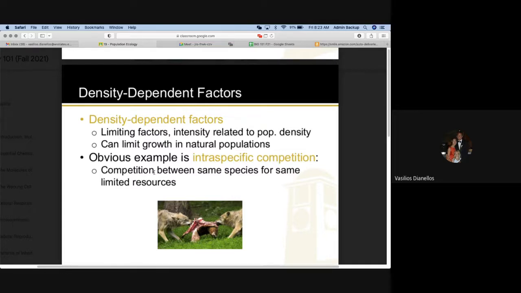Meanwhile, a place like New York, where you have a really high population density, it's going to be easily passed. You get one sick person on a subway, then all of a sudden you have a bunch of sick people on that subway, and then they are going to go and get into a crowded elevator. And then all those people are potentially going to be sick, right? So I'm hoping you can see what I mean by density dependent, right? The higher that population density is, the more likely it is that this thing is going to kill more people, or excuse me, kill more individuals of the population.